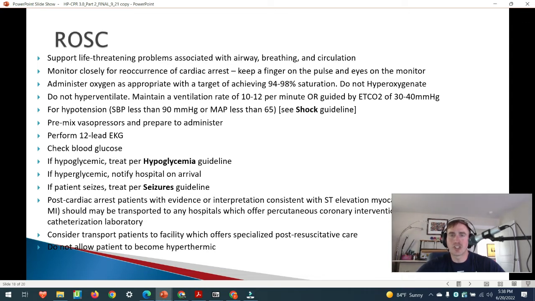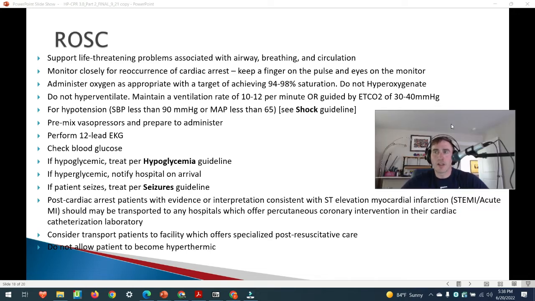Target your O2 sat. Get it slightly above 94%. Don't hyperoxygenate. Don't hyperventilate. That patient's heart is stunned. It has gone however many minutes without essential oxygen and other nutrients, so they're likely having some cardiac dysfunction. Aggressive hyperventilation will cause them to rearrest, so still use the ventilation timer.